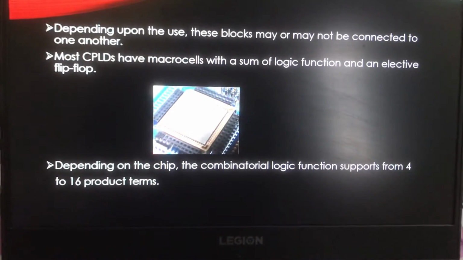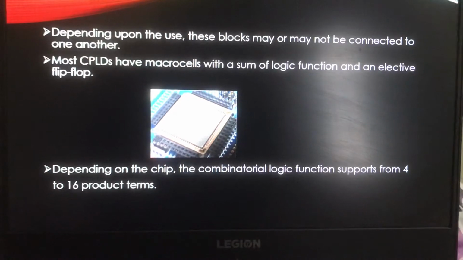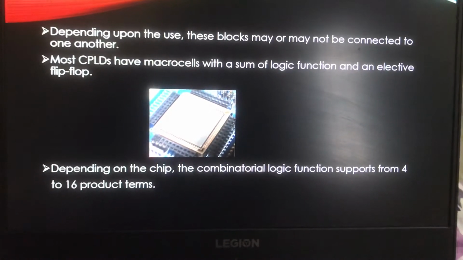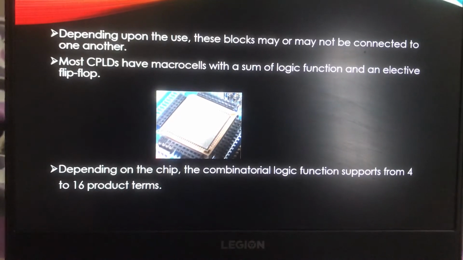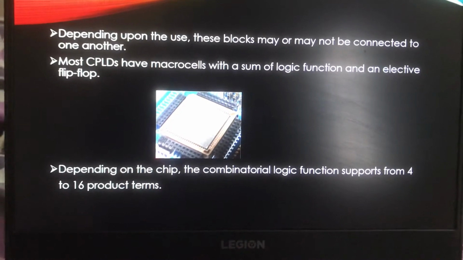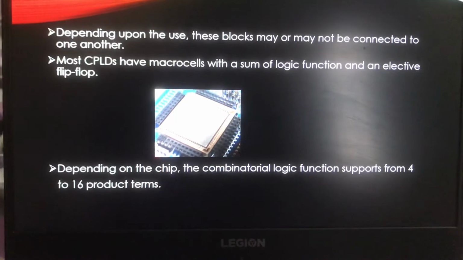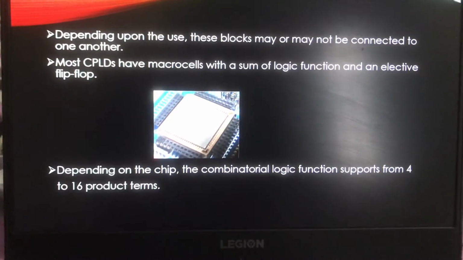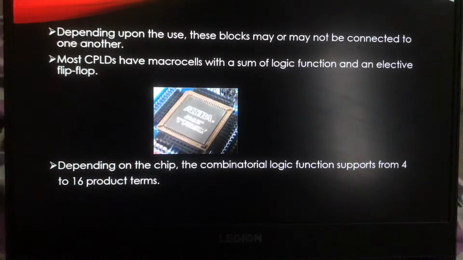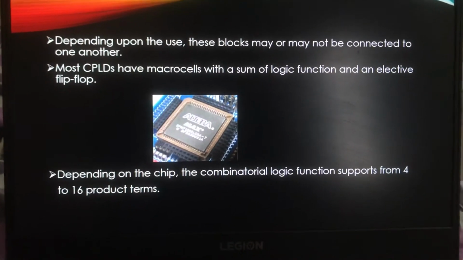Depending upon the use, these blocks may or may not be connected to one another. Most CPLDs have macro cells with a sum of products logic function and an optional flip-flop. Depending on the chip, the combinatorial logic function supports from 4 to 16 product terms.